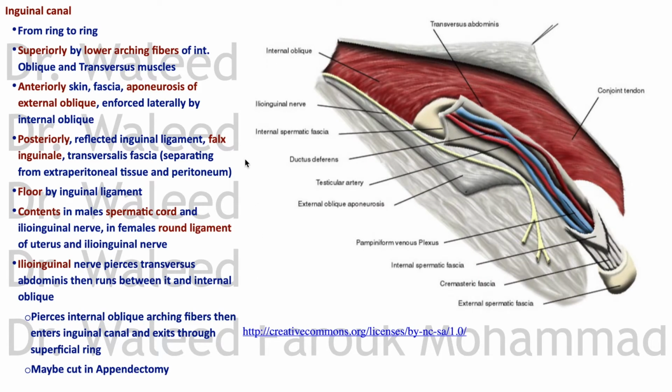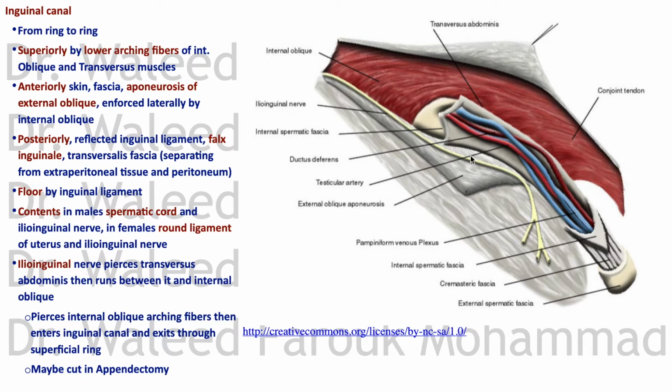The inguinal canal is formed mainly by the external oblique aponeurosis, which forms the inguinal ligament, and the inguinal ligament goes backwards to form the floor of a canal, which is called the inguinal canal, that will extend from the deep inguinal ring at one end to the superficial inguinal ring on the other end. So it's from ring to ring.